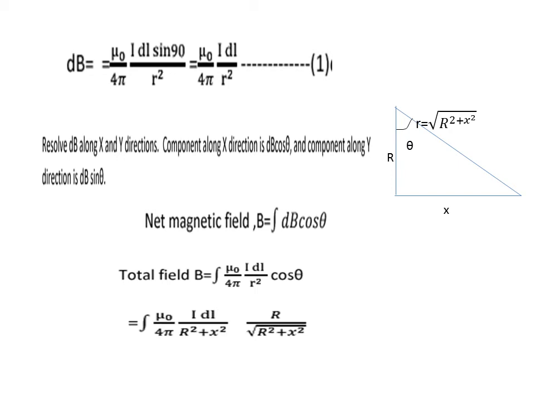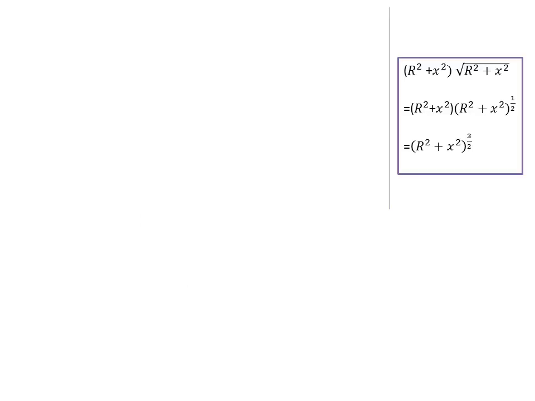Substituting that value, we have B is equal to integral mu 0 by 4 pi I dl by (R square plus x square) into R by root of R square plus x square. On the denominator we have R square plus x square into root of R square plus x square. The root we can write as the whole raised to half. So we multiply (R square plus x square) raised to 1 into (R square plus x square) raised to half. Adding the powers, 1 plus half, we have (R square plus x square) raised to 3 by 2 in the denominator.